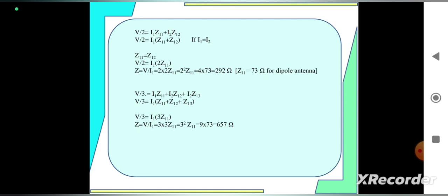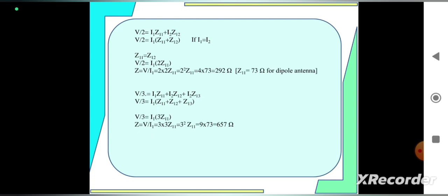So 4 into 73 ohm we get 292 ohm. Here we are using only 2 dipoles, so V by 2. Next time, if we use 3 dipoles, then V by 3 is equal to I1 Z11 plus I2 Z12 plus I2 Z13.